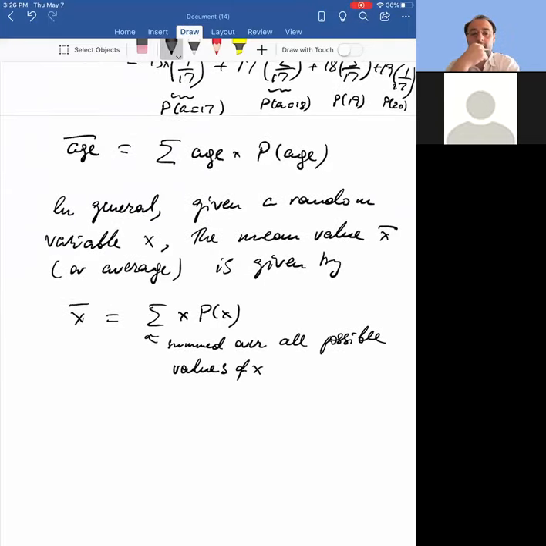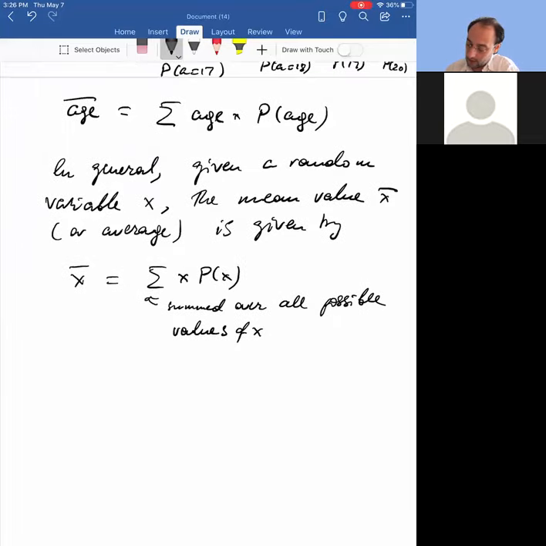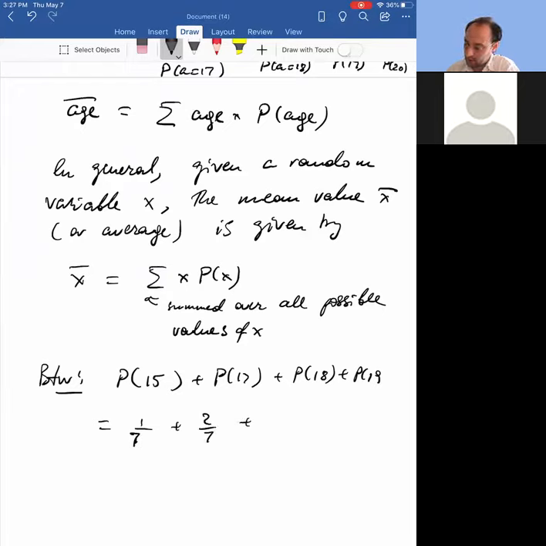Okay, so let's sum up probabilities. So, by the way, the probability of 15 plus the probability of 17, the probability of 16 is 0, plus the probability of 18 plus the probability of 19. We only have 15, 17, 18, 19. That equals 1 over 7 plus 2 over 7 plus 3 over 7 plus 1 over 7, which is what? 3, 4, 5, 6, 7 over 7 equals 1.